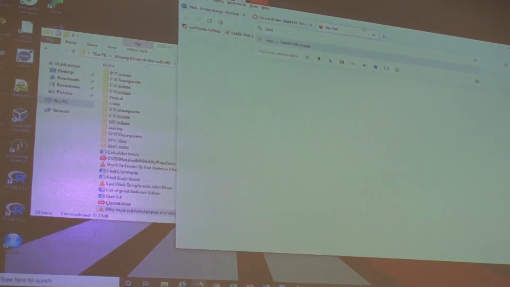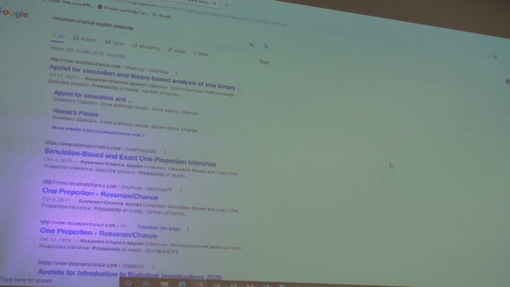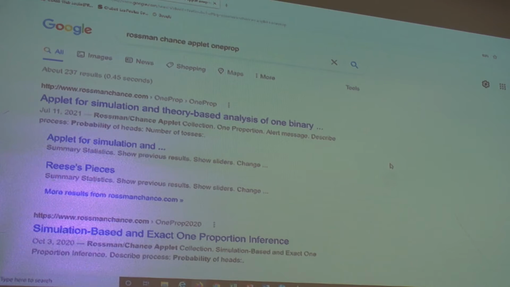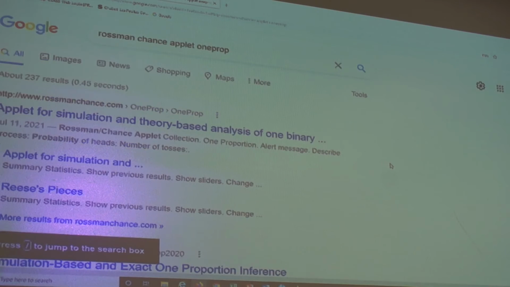I'll do it. Rossman, I'll make it bigger. Great. Rossman Chance applet one prop. And looks like this first one will work.